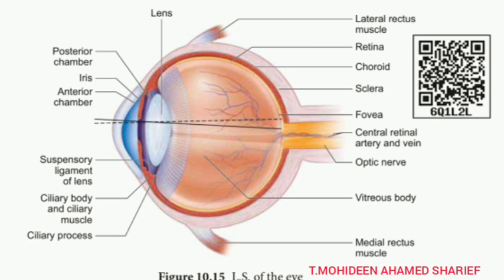Located in the orbit of the skull and held in its position with the help of 6 extrinsic muscles. These muscles aid in the movement of the eyes and they receive nerve innervation from the cranial nerves.